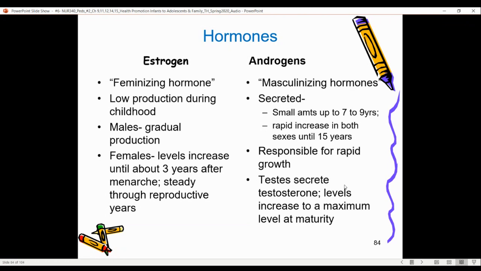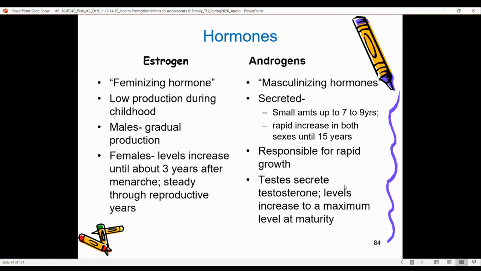For the androgens, which are the male, the testosterone kind of hormones, those masculinizing hormones, again, both sexes have this in lower quantities up until about 7 to 9 years of age. And then both sexes have a rapid increase of this. And the testosterone increase is one of the main things that triggers puberty in both boys and girls.